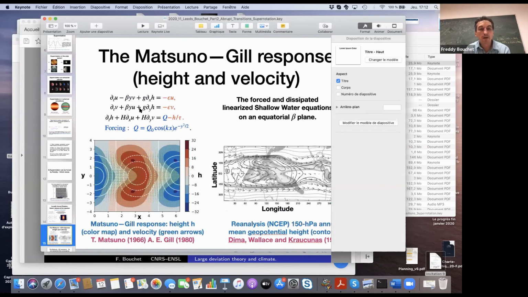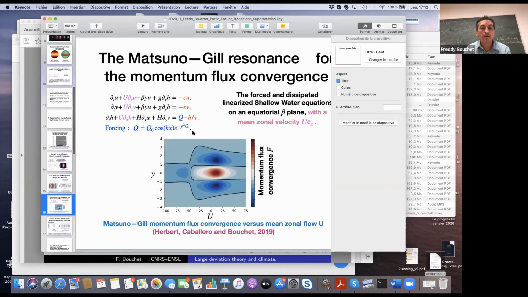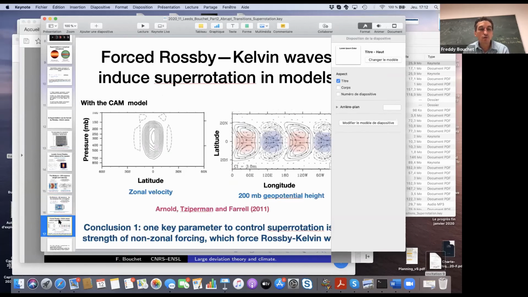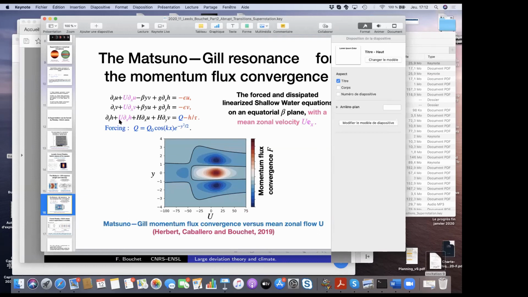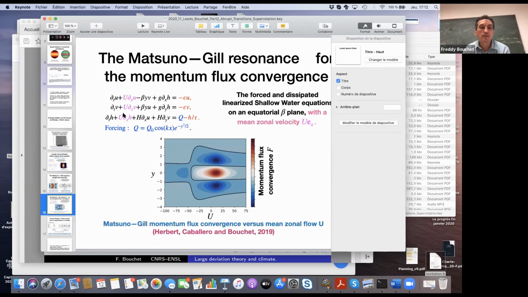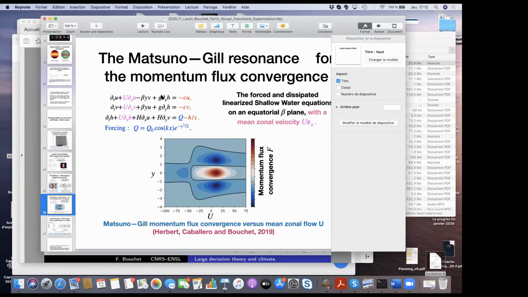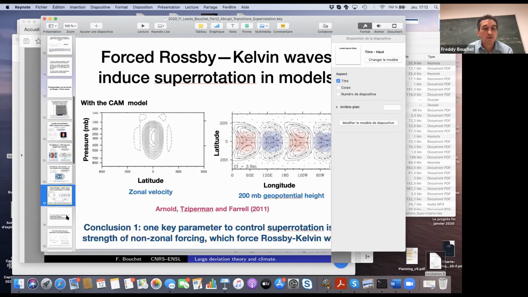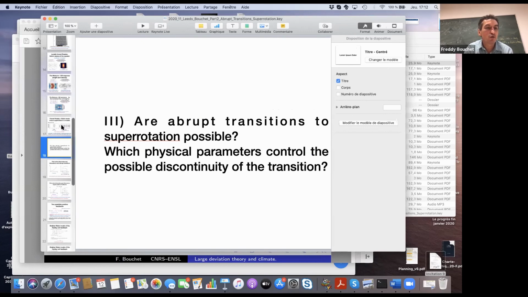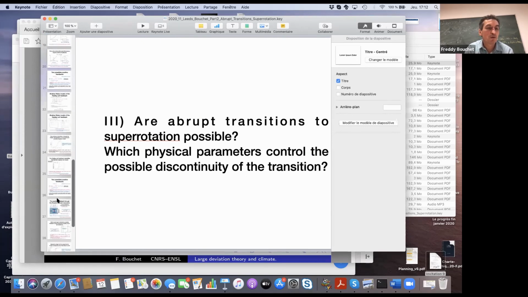This formula we have obtained with the same idea, but in order to do analytics, we have assumed that U is a constant. It depends on the latitude. Yeah. And then the model is the simplest possible one: the linearized shallow water equation. With all this simplification, we were able to get this formula that I have shown here.